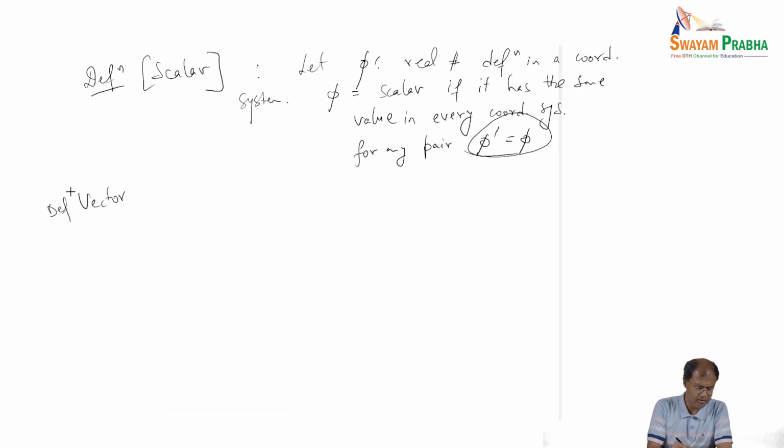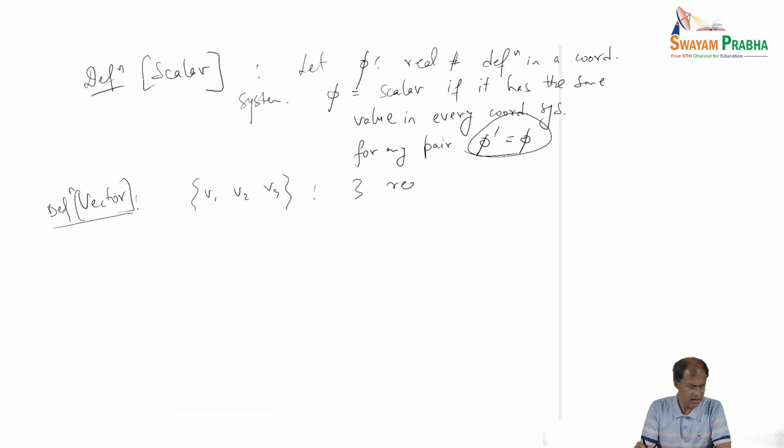Now for a vector, the change will be described in terms of the matrix of coordinate transformation. So suppose v1, v2, v3 are a set of three real numbers defined in a coordinate system, right?